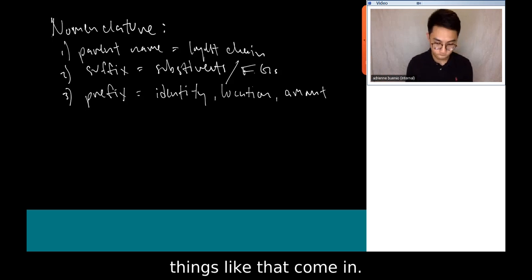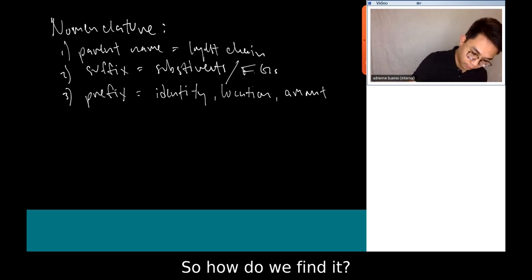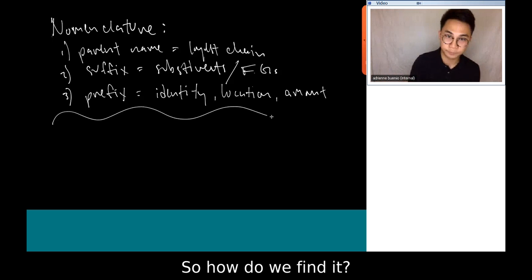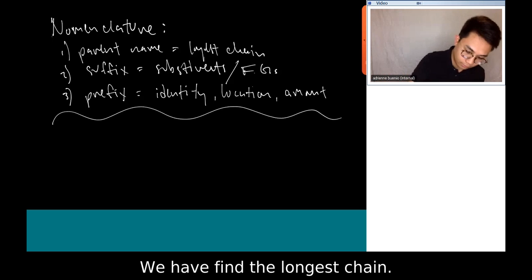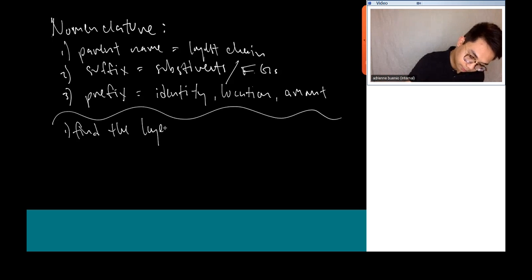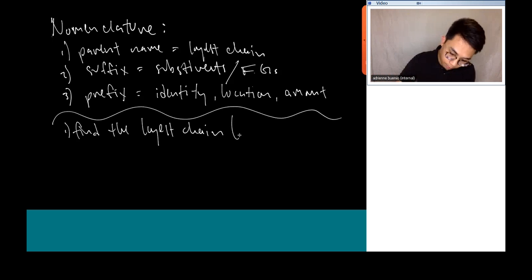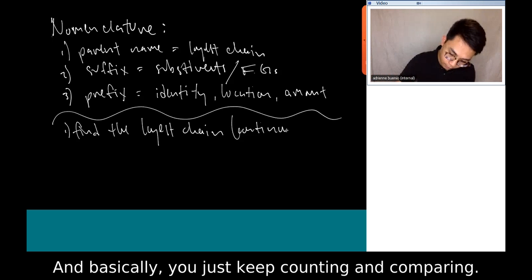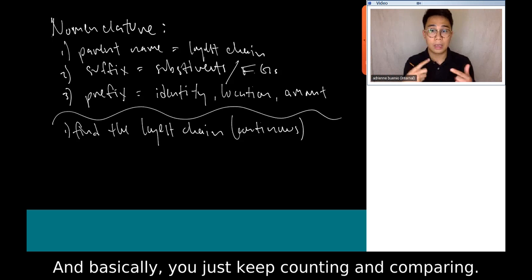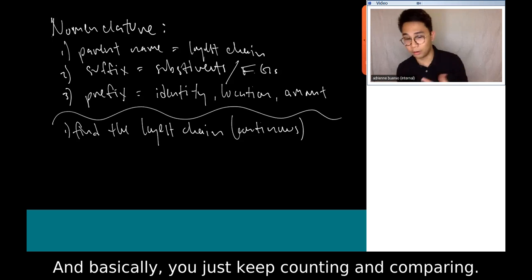So okay, how do we find it? First, find the longest chain, right? Easy. It has to be continuous. Basically, you just keep counting and comparing.